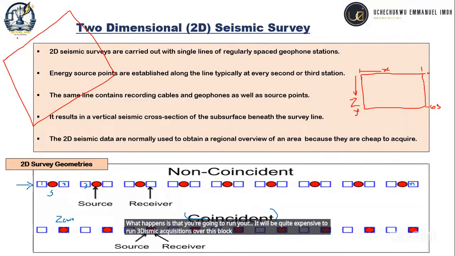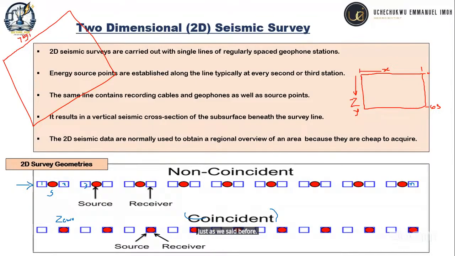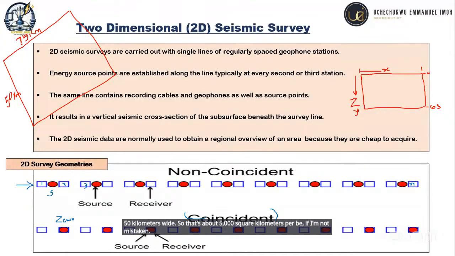Let's assume this block is, just as we said before, 75 kilometers long and 50 kilometers wide. So that's about 35,000 square kilometers, if I'm not mistaken, or more than that. Somebody can calculate and tell me the exact size.